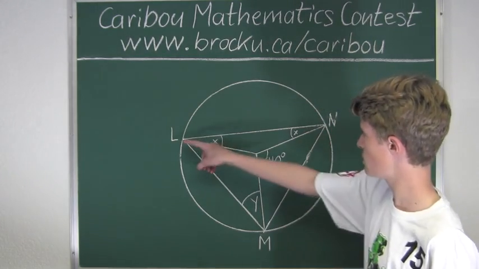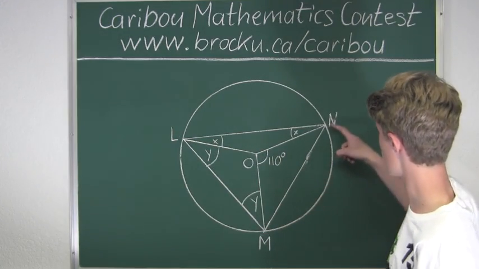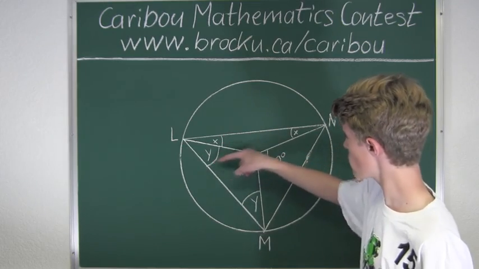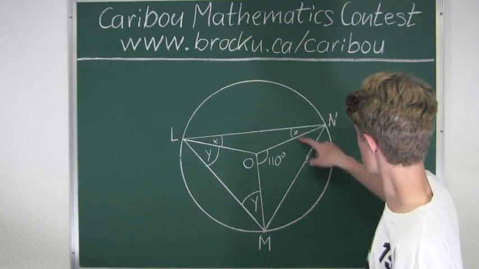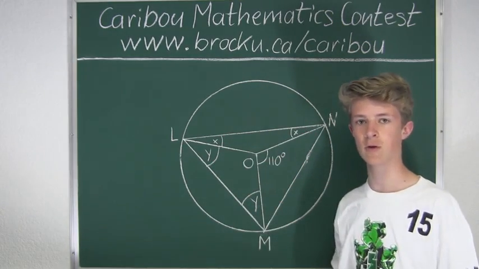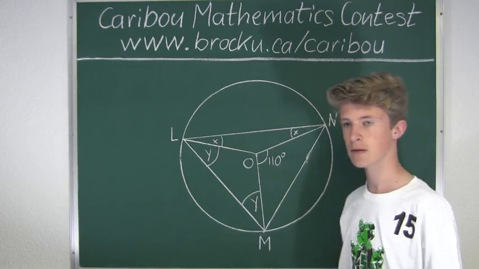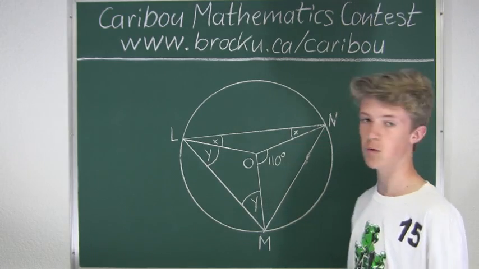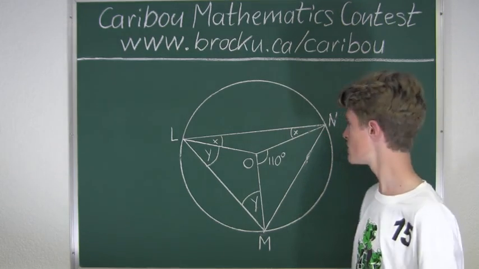So now let's look at the big triangle LMN. Again, we know that these angles must all add up to 180 degrees. We know that these two angles already equal 70 degrees.